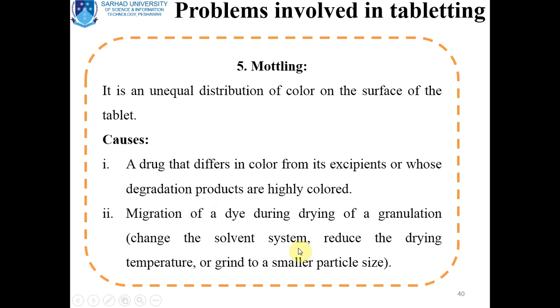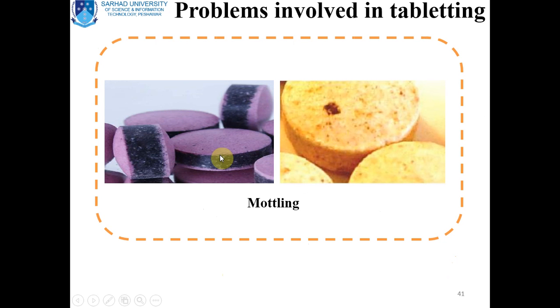Remedies are to change the solvent system, reduce the drying temperature, and grind to a smaller particle size. You can see the unequal distribution of color in these tablets, on the right and left side.